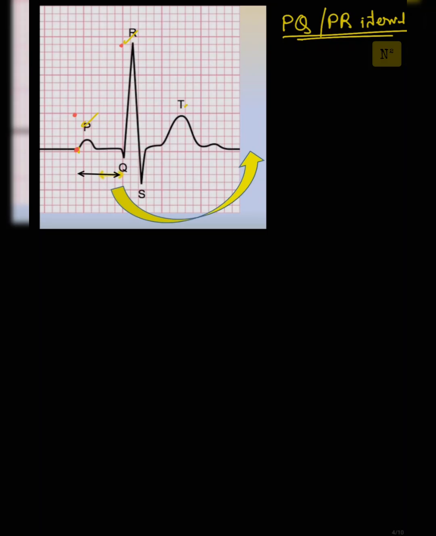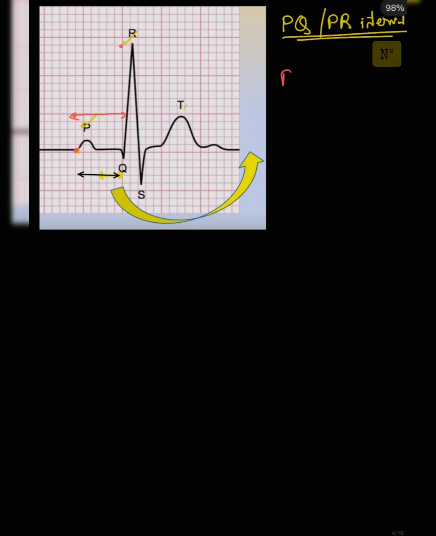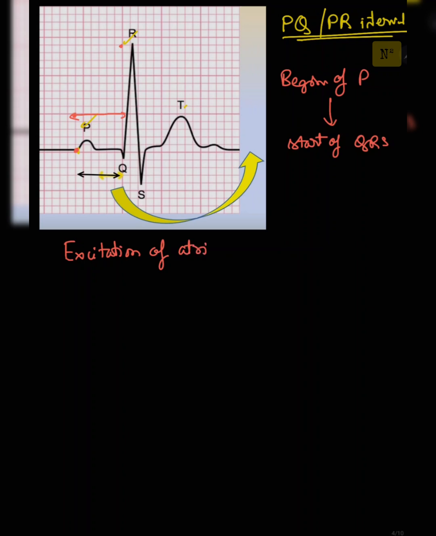The starting point is Q only. So this particular interval is called PR or PQ. That is the time interval from the beginning of P wave to the start of QRS wave. So it is the interval which is showing you the beginning of excitation of the atria plus the beginning of excitation of the ventricle.